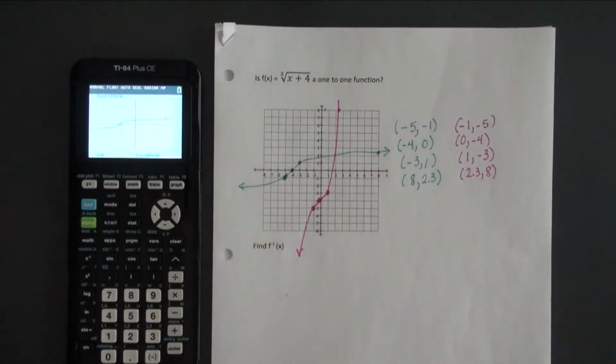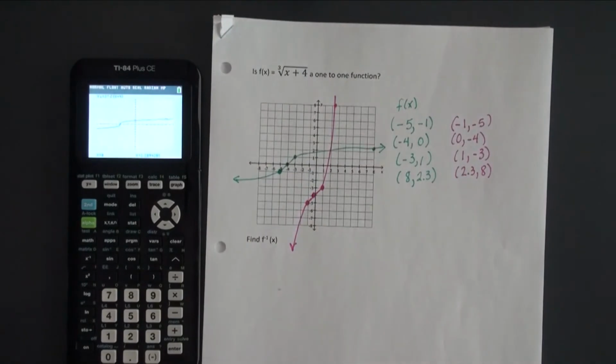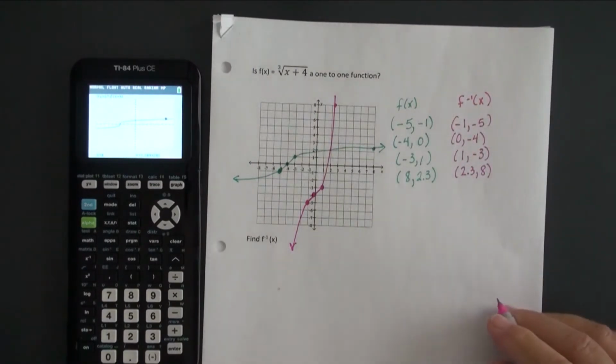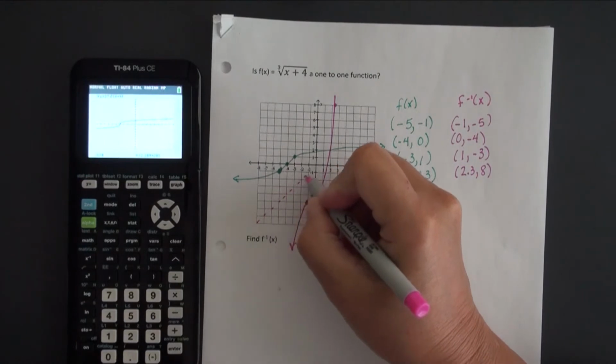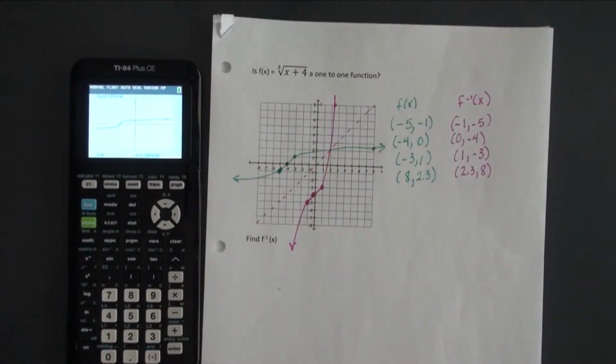And there's my graph of my inverse function. So the green is the graph of f of x, and the pink graph that I have drawn is the graph of the inverse of f of x. And you'll recall that if we draw the line y equals x, these graphs reflect upon one another.